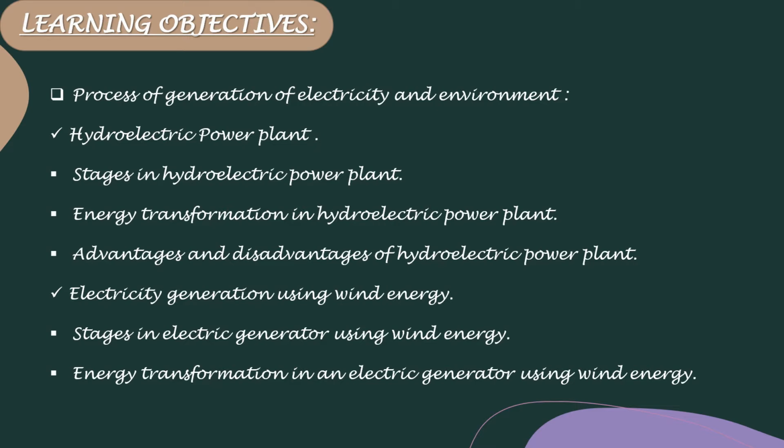Then we will be understanding the energy transformation in hydroelectric power plant and the advantages and disadvantages of hydroelectric power plant. Then the next process of generation of electricity we will learn is about electricity generation using wind energy, and under that we will be understanding the stages in electric generator using wind energy and the energy transformation in an electric generator using wind energy.